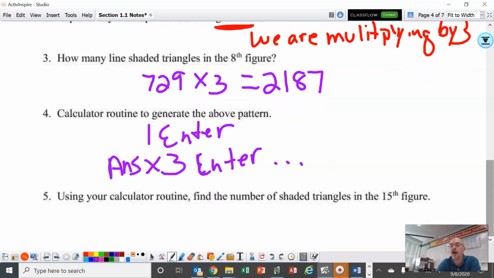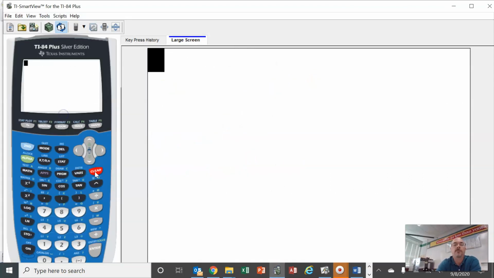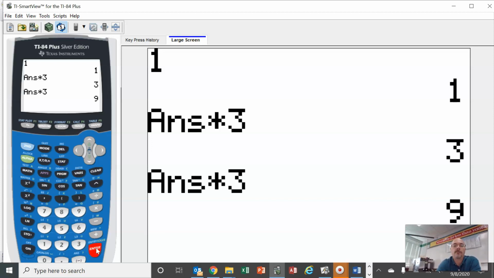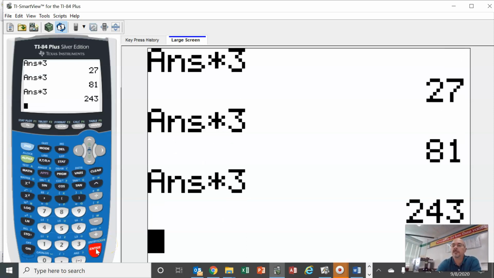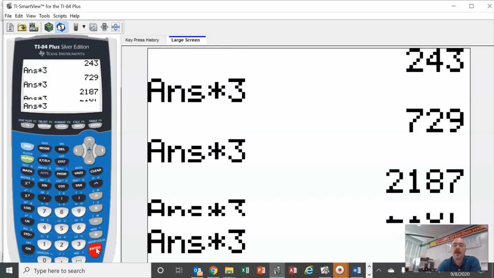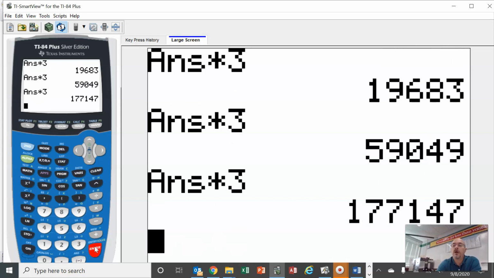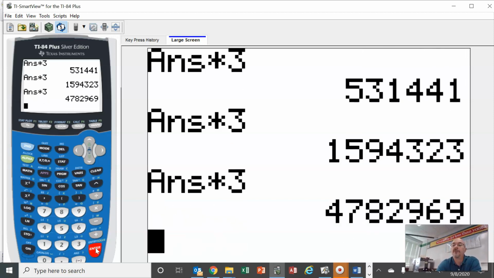So here we go. Again, pause at any time that you need to catch up if you have fallen behind. We're starting with 1, enter, times 3, enter. That's the 2nd one, 3rd, 4th, 5th, 6th, 7th, 8th, 9th, 10th, 11th, 12th, 13th, 14th, and 15th.